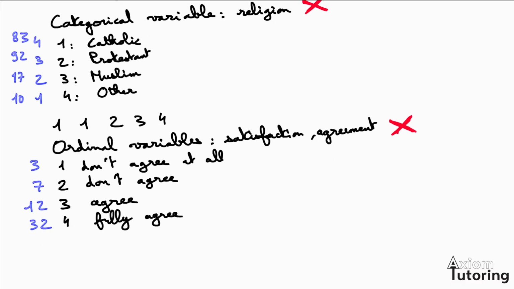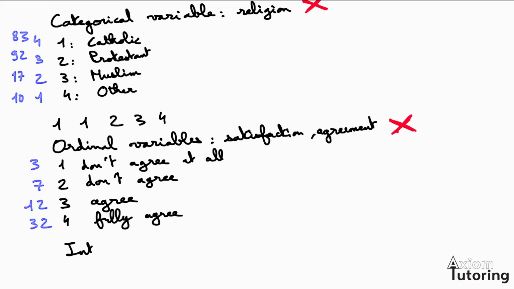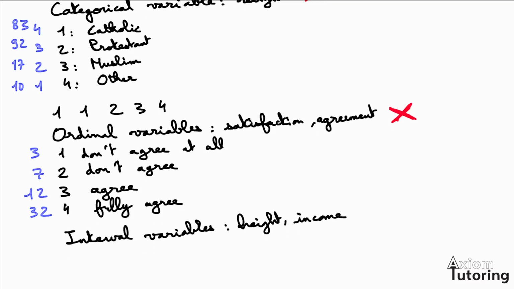Now for interval variables, like height or income measured in pounds, there we can do that, and that's what we saw just earlier. So let's say you have 30,000, let's say those are incomes, 50,000, 70,000, and then 75,000.